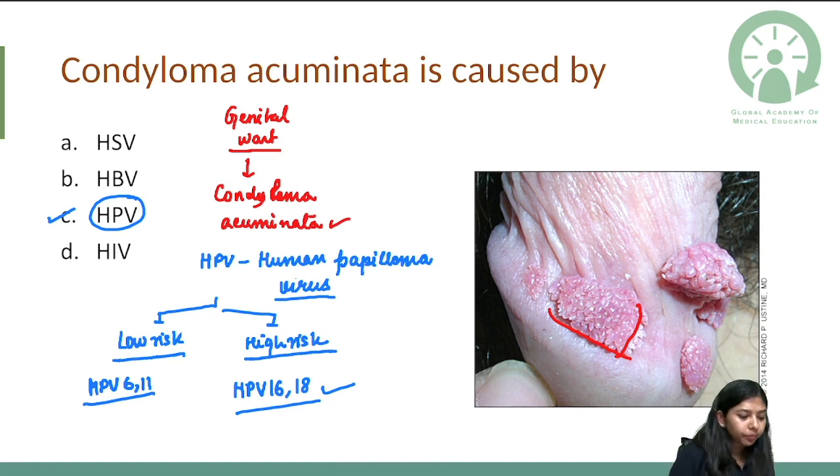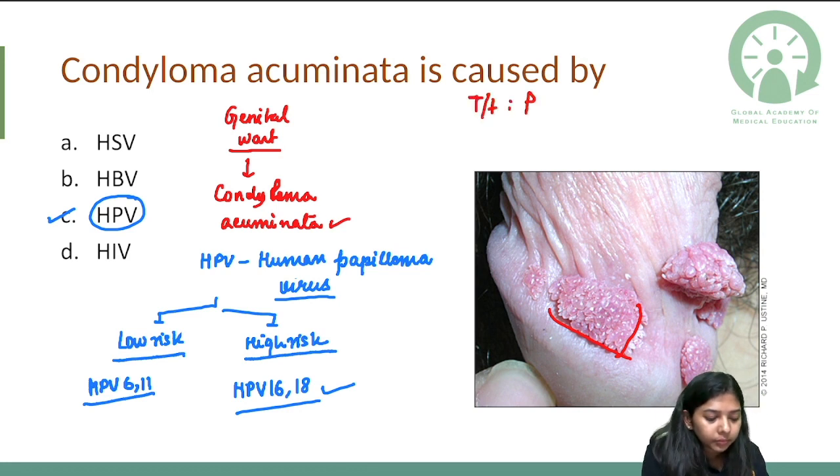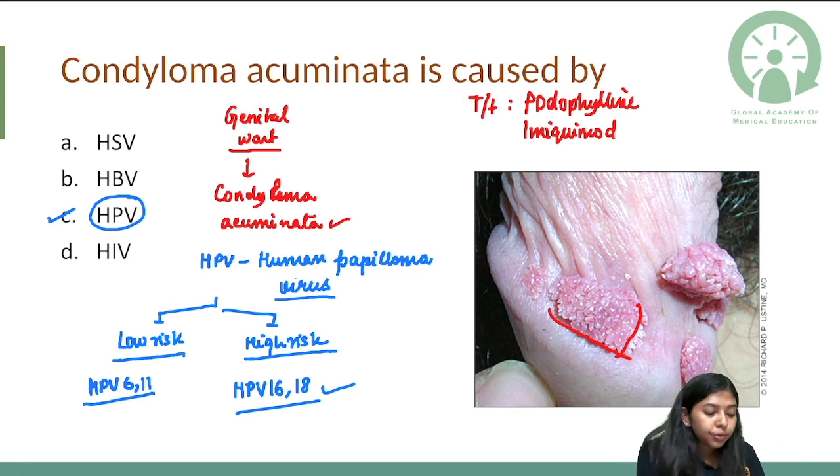right? How will you treat it? You can apply podophyllin. Imiquimod, right? And if the patient is pregnant, so if you get genital wart in a pregnant female, it is also an important question.